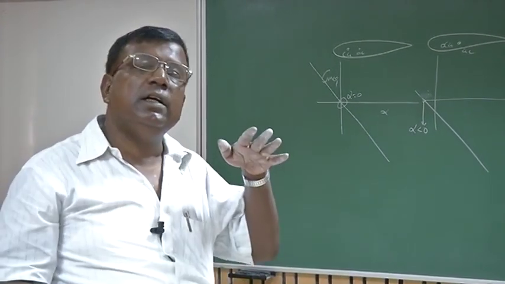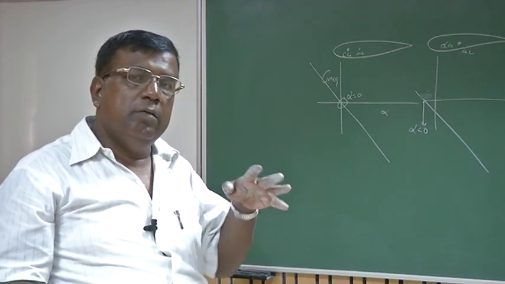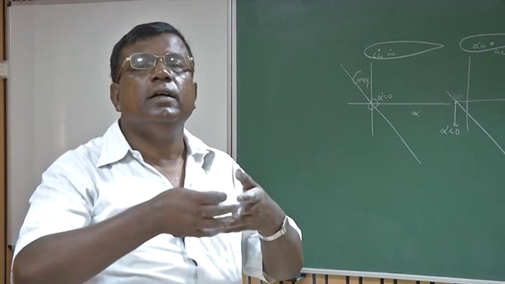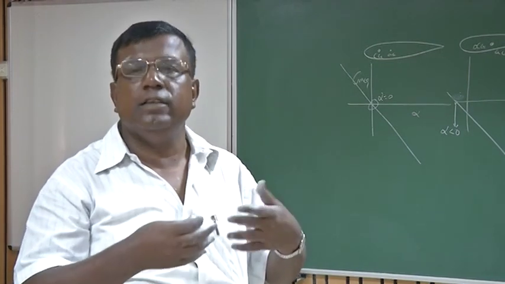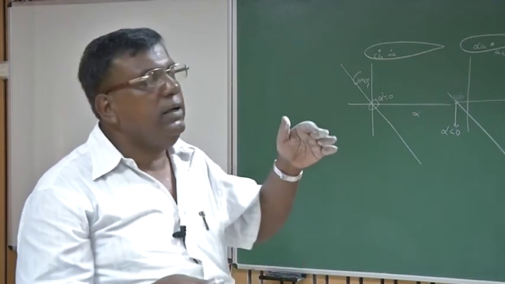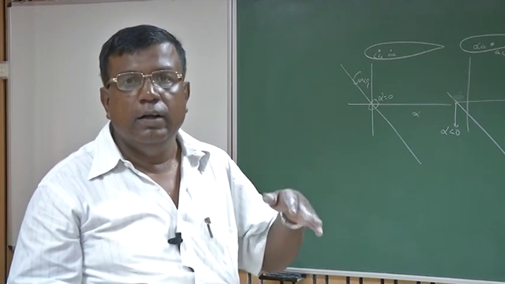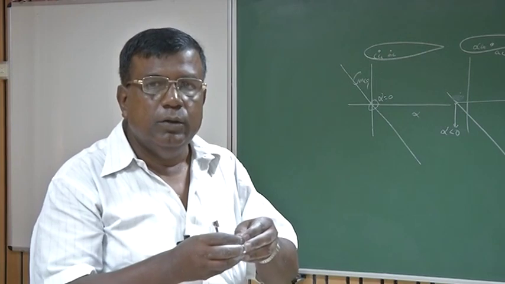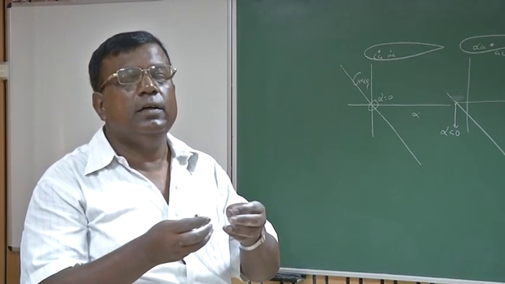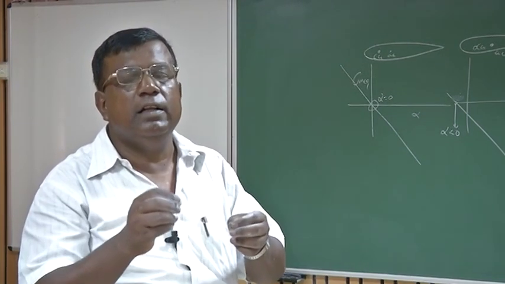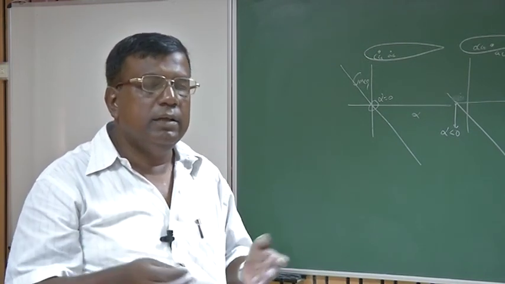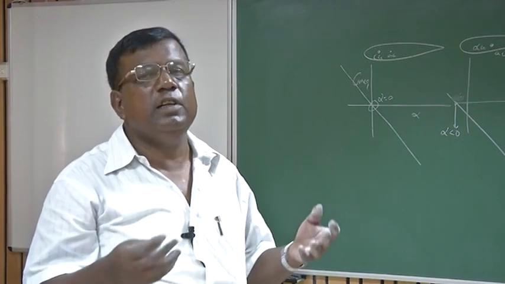You see what happened? We started with a flat plate. We talked about center of pressure. Center of pressure behind center of gravity, then statically stable. We graduated towards a wing with an aerofoil. From center of pressure, we came to the concept of aerodynamic center, because we want a point where I can represent CL, CD, etc. and moment, and aerodynamic center is the point at which Cm is independent of alpha.